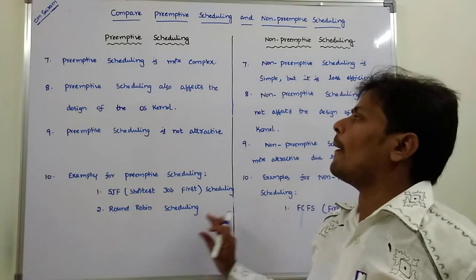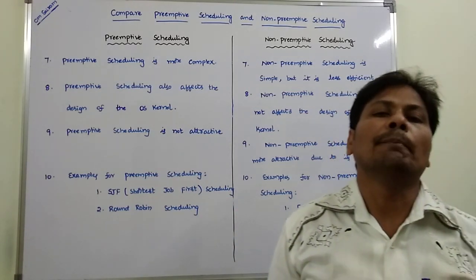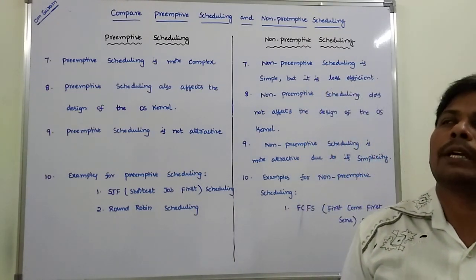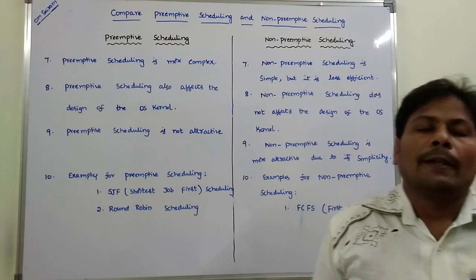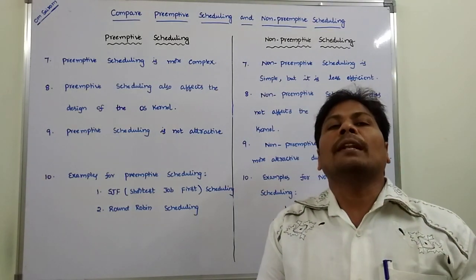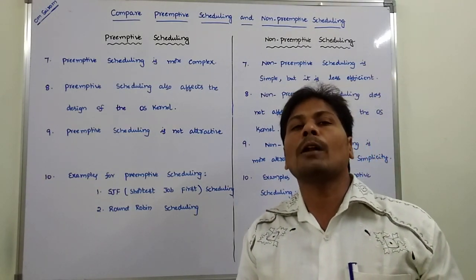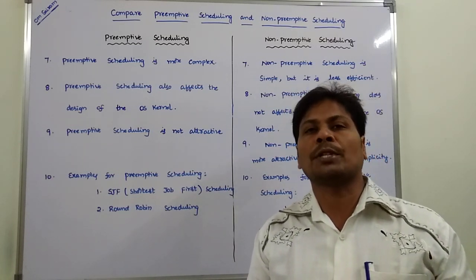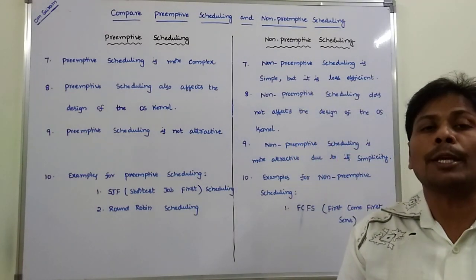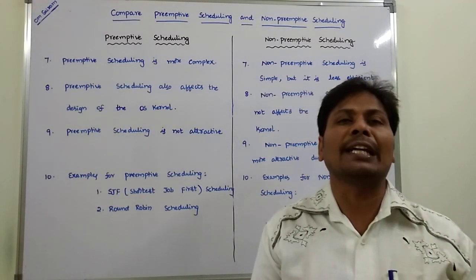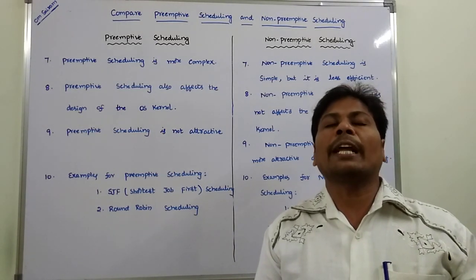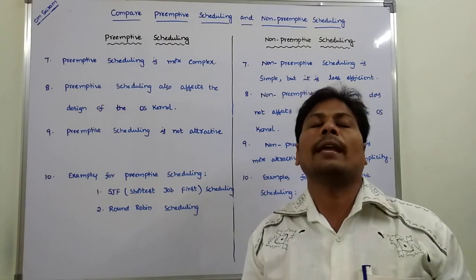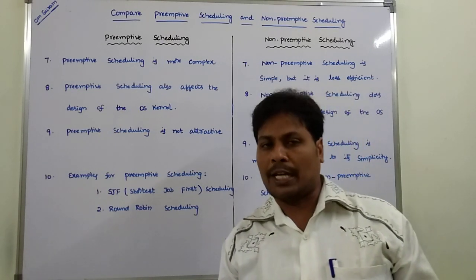So these are the main differences between preemptive scheduling and non-preemptive scheduling. In summary, in the case of preemptive scheduling, the executing process can be interrupted by any other process in the middle of the execution.